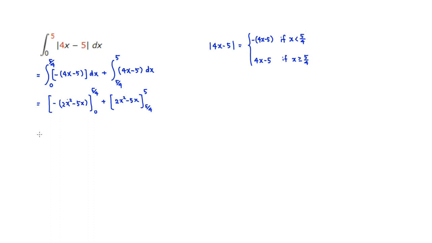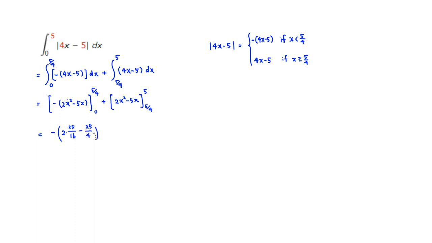Then we're going to get, right, a negative sign, so it's going to be 2 times, we plug in 5 over 4, so 5 over 4 squared would be 25 over 16, and minus 5 times 5 over 4.